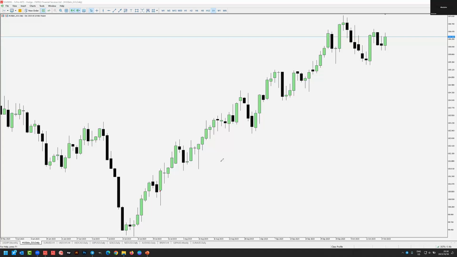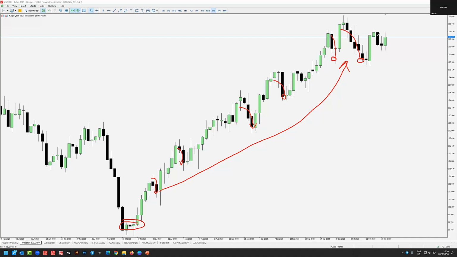Price has been bullish for the past 10 to 12 weeks now. Price has been bullish since July. And each and every time there's a drop or bearish candles, that's a retracement. Every down candle is a retracement.